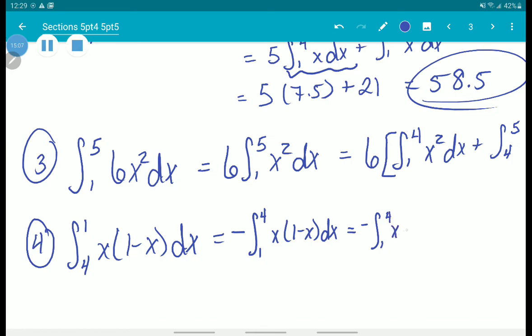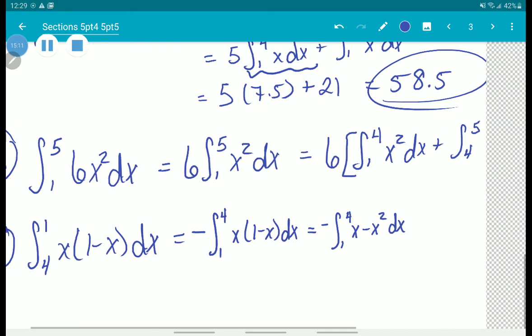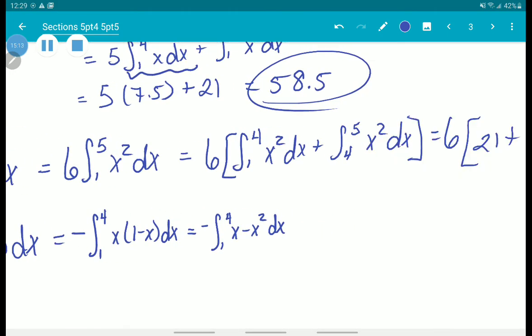So this would be x minus x squared dx. So I could rewrite this going from 1 to 4 of x dx minus 1 to 4 of x squared dx. Okay, notice that negative is still out front.